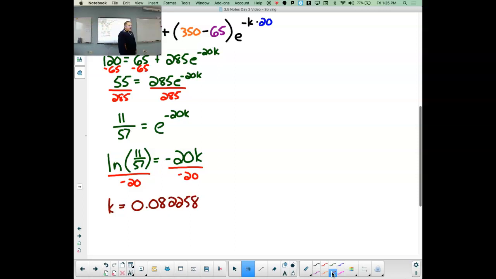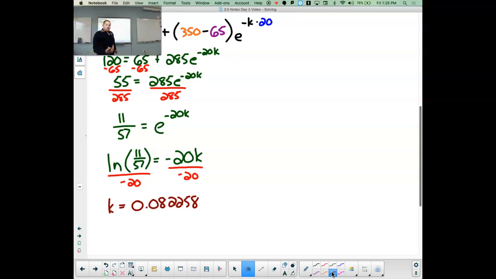Now, if you're using a graphing calculator, I would store that as k on your graphing calculator. If you're not using a graphing calculator, I would write down as many decimal places as you can, just because we're not done with this problem yet.